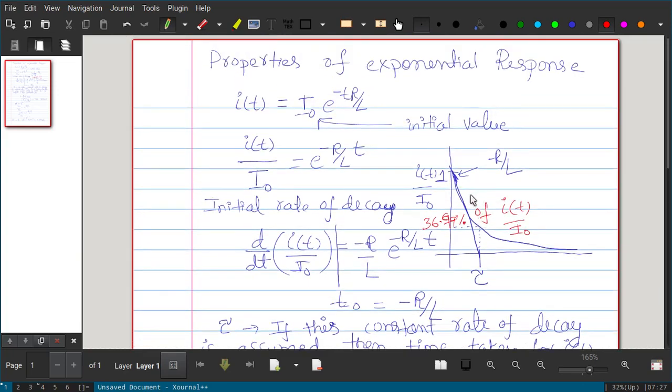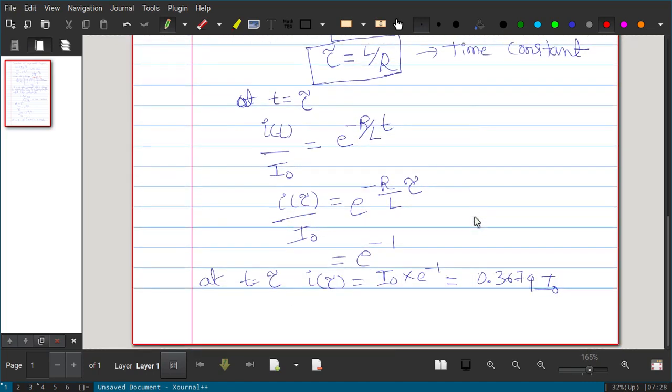So 2 time constants you will take. This is 1 time constant. After 1 time constant, the current reduced from 100% to 36% in 1 time constant itself. Now if we consider another time constant, that is after 2 tau, at t equal to 2 tau, I can calculate I of t by I naught as a normalized value also.